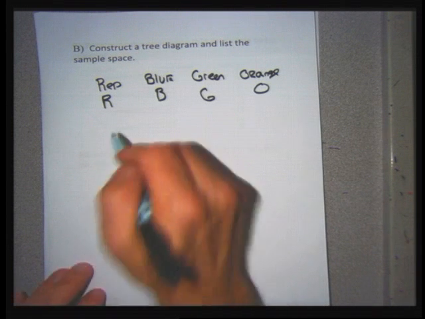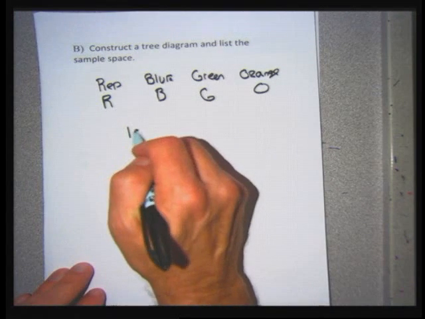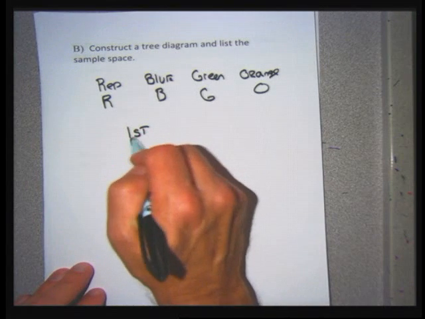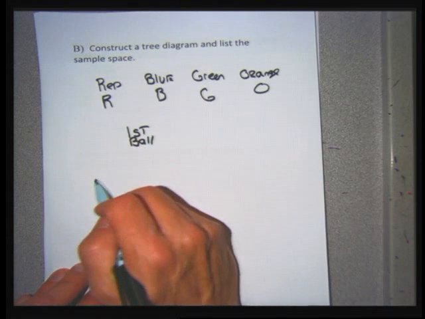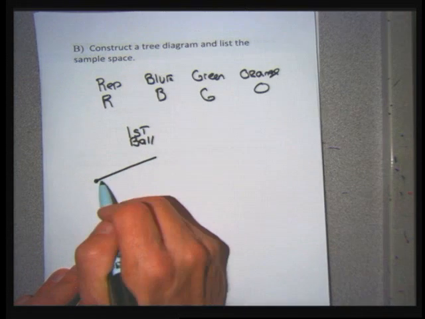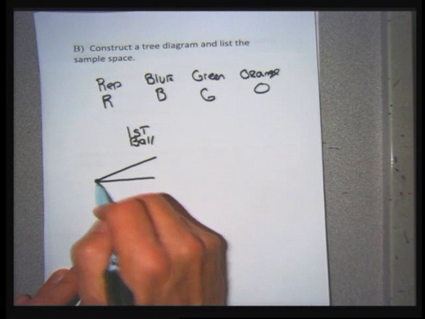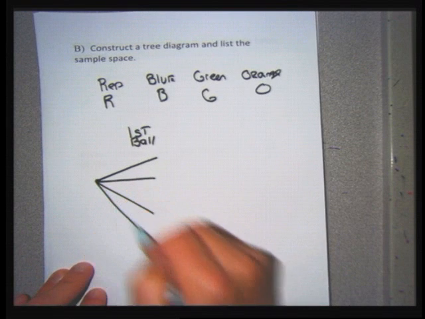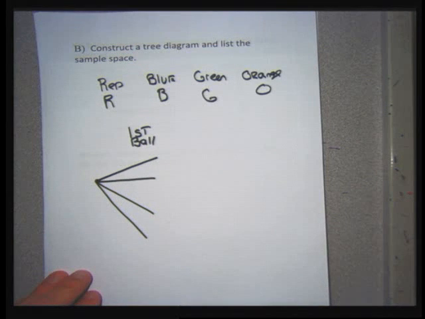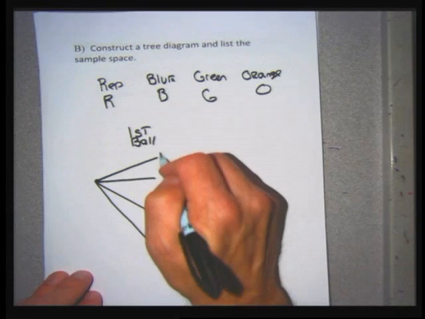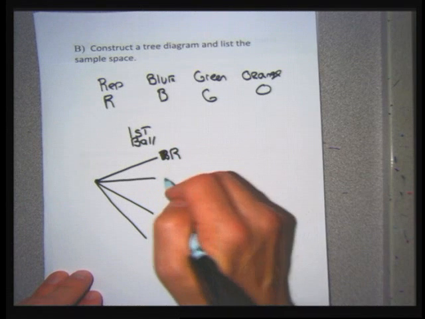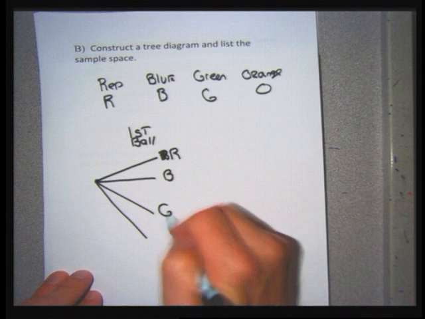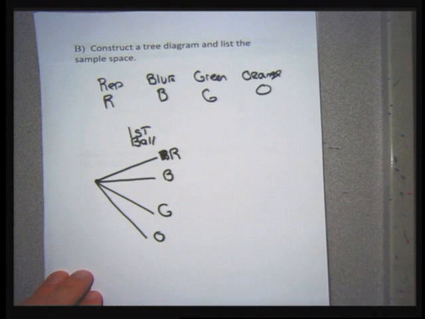So I'm going to make my first level of my tree diagram for the first ball that's selected, and it's going to start out at a point, and from the point it's going to have 4 lines coming out of it, because the first ball can be red, blue, green, or orange.